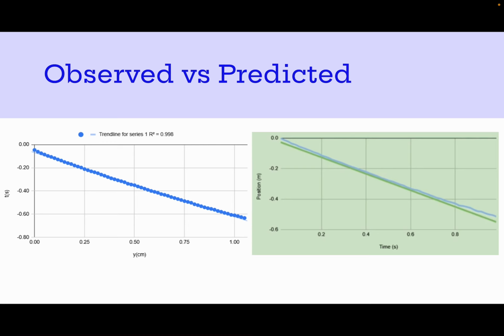The one on the left is just the observed, and the one on the right is both, where the green is the straight line perfectly, and then you can see that the blue line is a little wonky, and that's because of other factors that cause the marker to not be in a perfectly straight line.